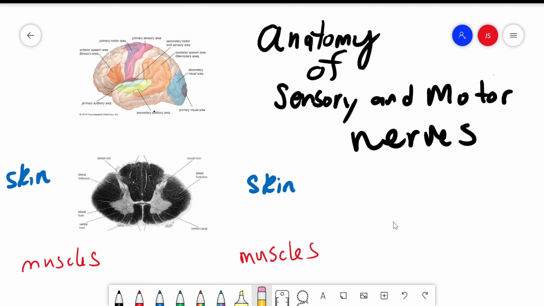You'll notice that I have a cross-section of a spinal cord at the bottom of the screen, and if you are familiar with this, you'll immediately see the ventral roots here. And you'll see the dorsal roots here. This is gray matter because it's composed of cell bodies.